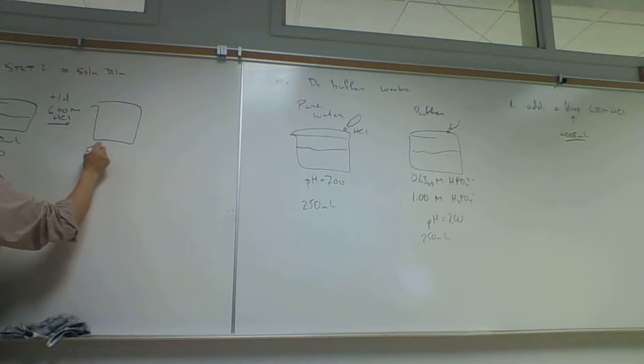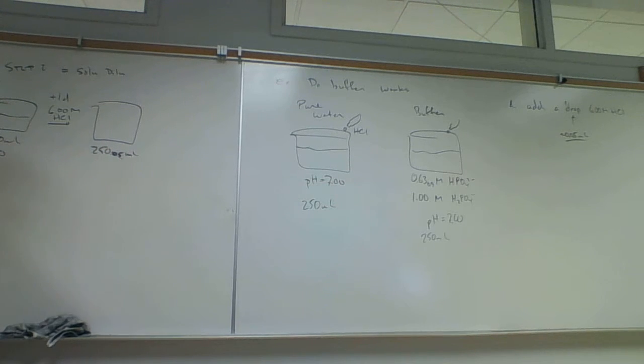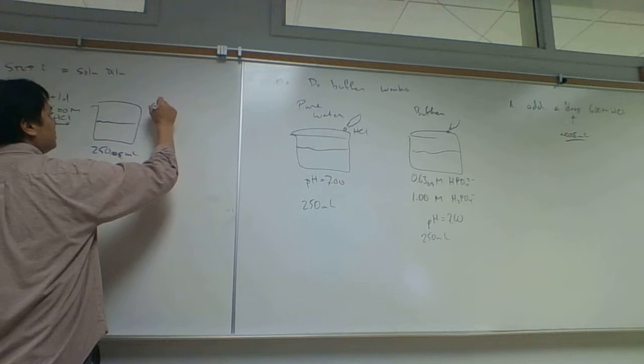And that means we're going to end up with 250.05 milliliters total, because the volume is going to go up by a drop. Normally we'd say, oh, that's small, it's negligible, so we ignore it. But from now on, we aren't going to ignore it. We're going to add that in and see what happens. And so the solution dilution is going to be like this.